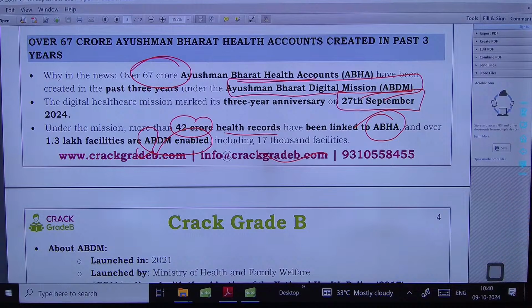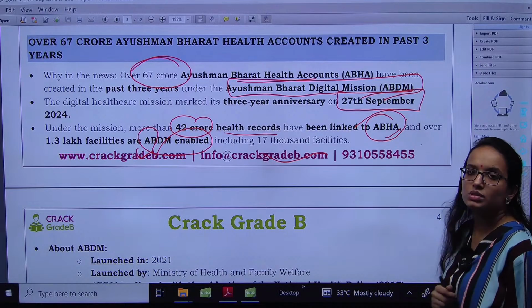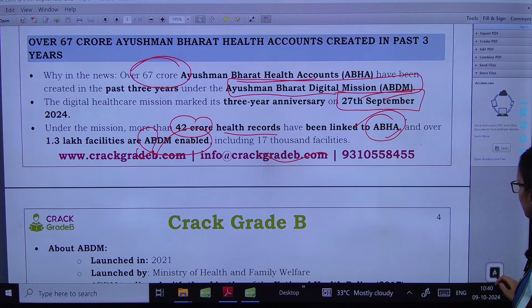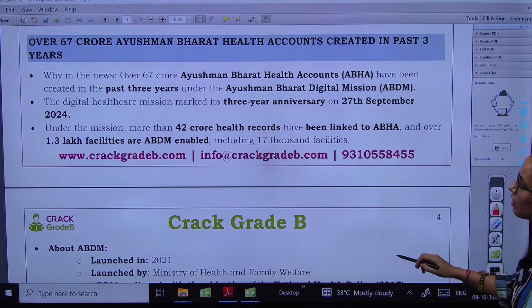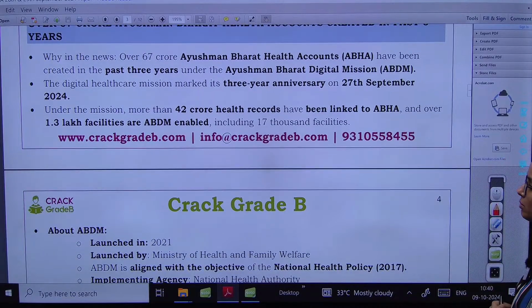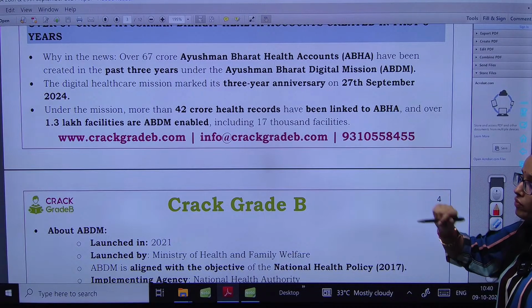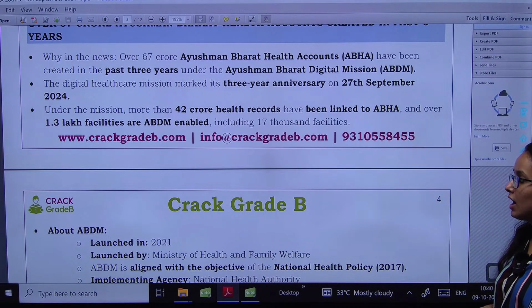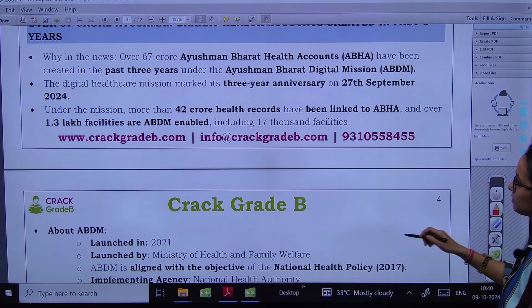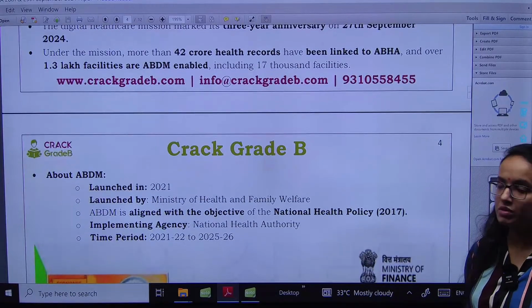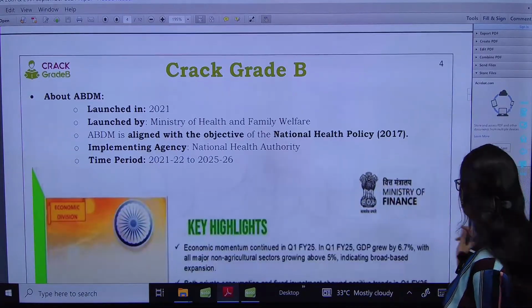ABDM is nothing but your Ayushman Bharat Digital Mission and the Ayushman Bharat health accounts. So this is important, Aadhaar and ABDM. Remember, under this digital mission, 42 crore health records have been linked to your Ayushman Bharat health account, and over 1.3 lakh facilities are ABDM linked. Such facilities will be extended to the beneficiaries, and it is a great initiative, you all know that.